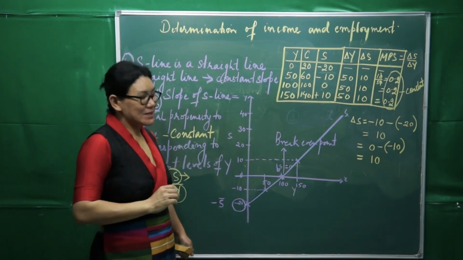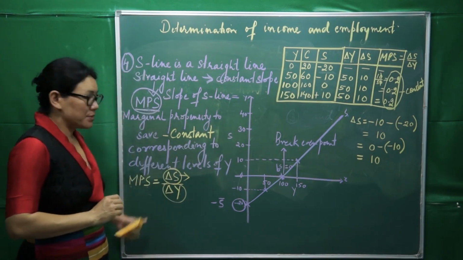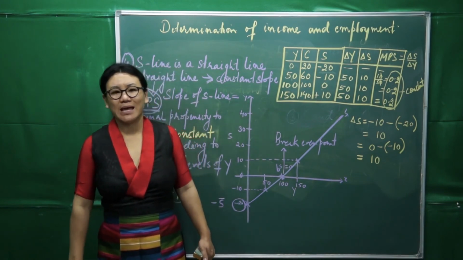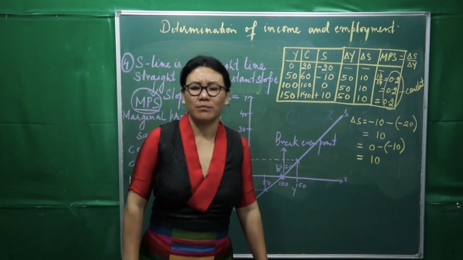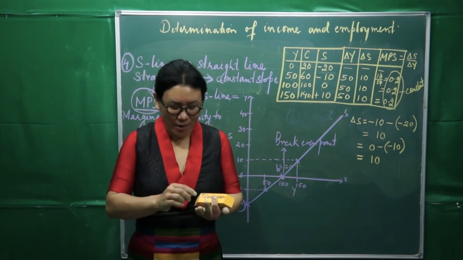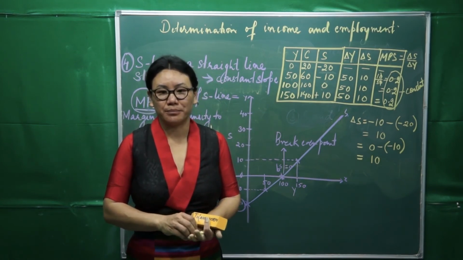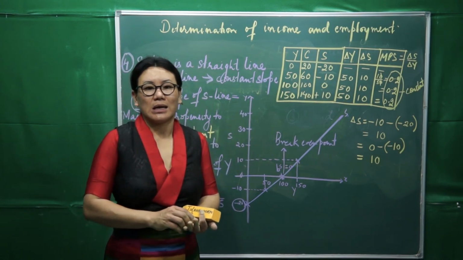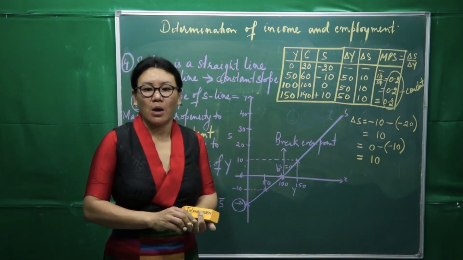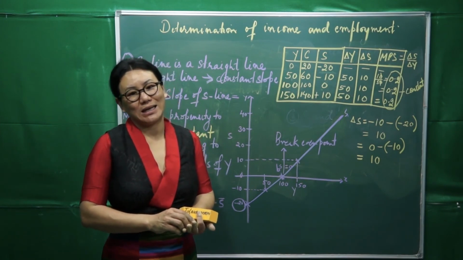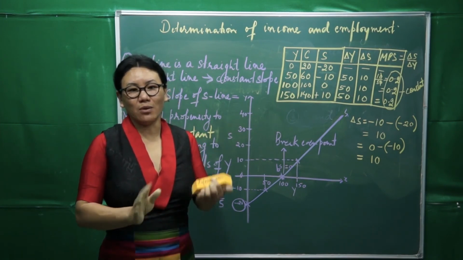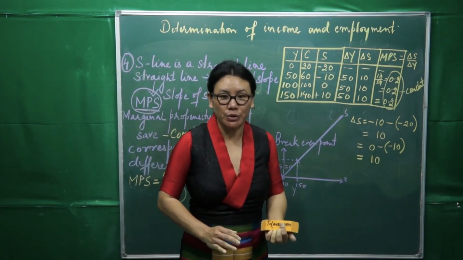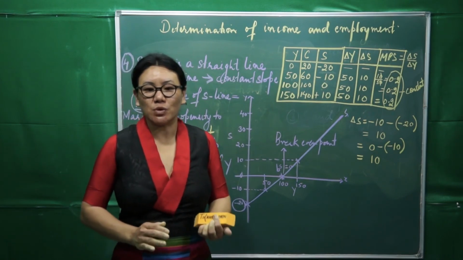Now as I said, what does this MPS show? Every time there is a rise in income, saving will also increase. But the way in which it increases is given here, 0.2. So what does it show?